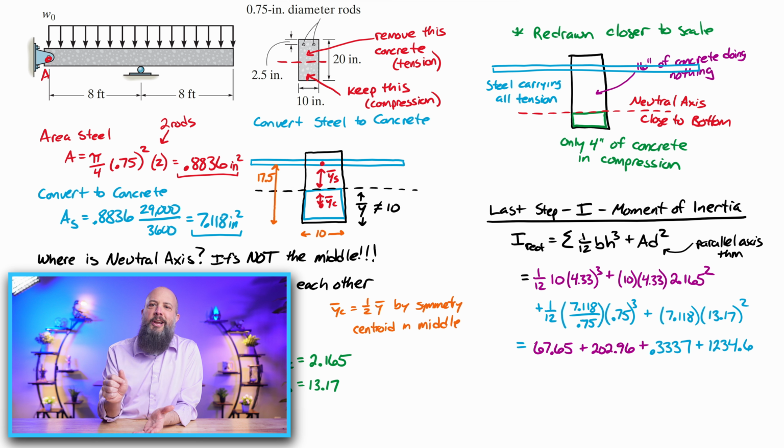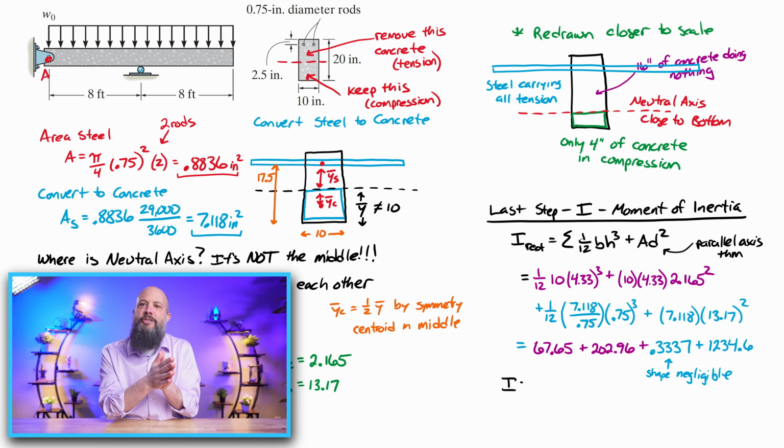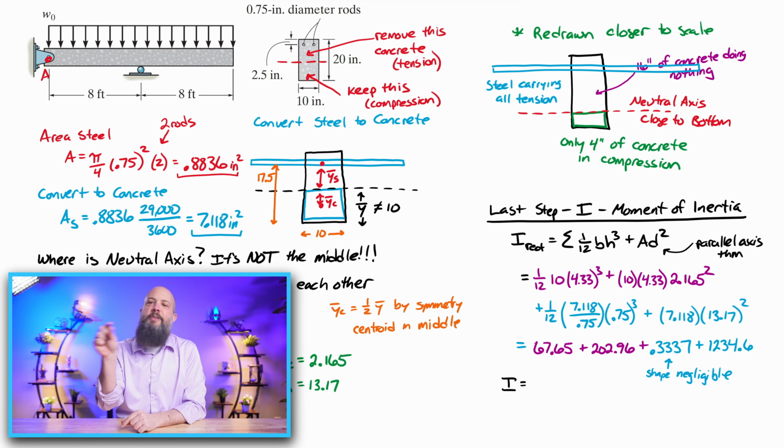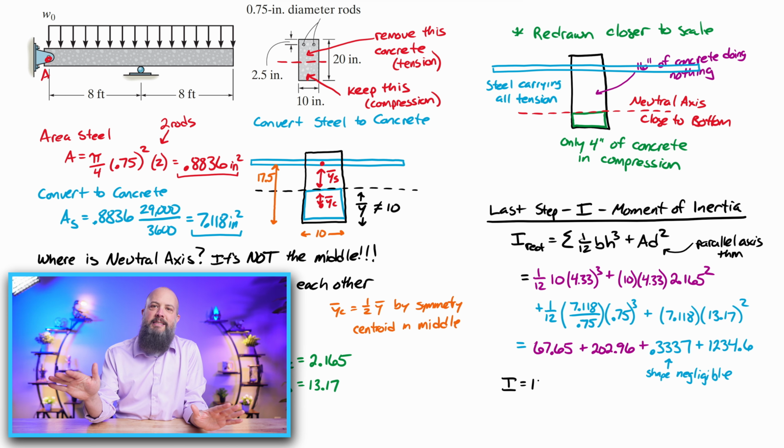You can see as I start plugging in numbers, based on that 1/12 BH cubed was 0.33, this AD squared parallel axis term was 1234, right? So you could completely ignore that 1/12 BH cubed for the steel if you wanted to, and you would get to the exact same answer. So final value, area moment of inertia, capital I, 1505 inches to the 4th, right? It's length to the 4th power for units.